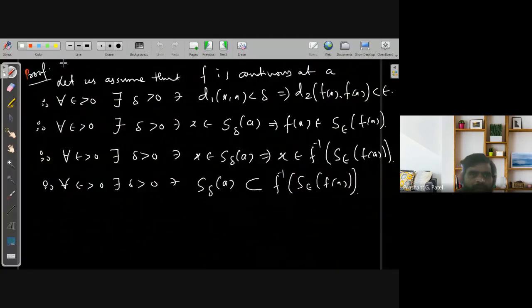So that is our objective, to prove the first statement, that is 1 implies 3. I'm proving that 1 implies 3.